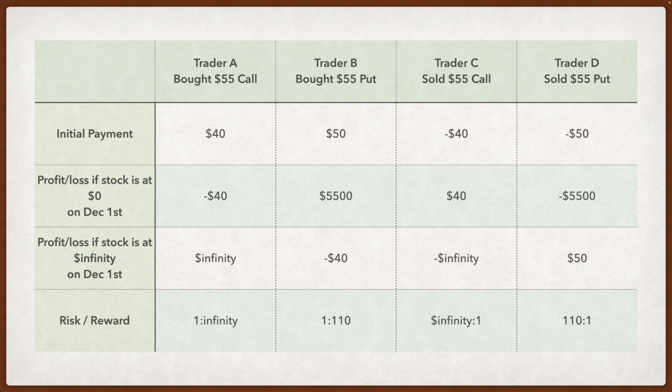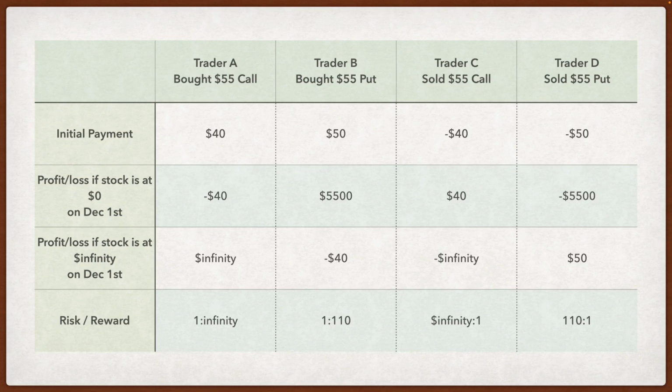Now, it should be said that stocks don't only move $5 at a time. They can move, in theory, anywhere from 0 to infinity. A stock can't be worth less than 0, but there's no theoretical cap to how much a stock could be worth. So trader A, who bought the call, if that stock is at a theoretical infinite amount, will make an infinite number of dollars.